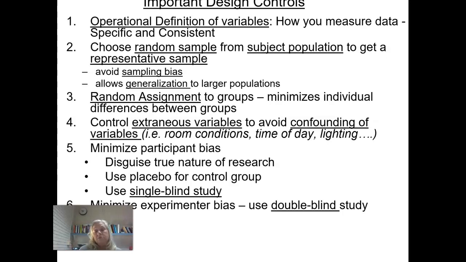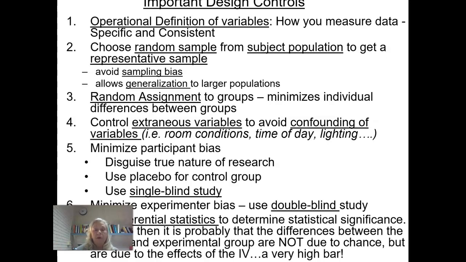In the case of the study I'm talking about, meditation, the results for whether or not the individuals had test anxiety would need to be tabulated by a neutral third party. We would need to use inferential statistics to determine statistical significance.